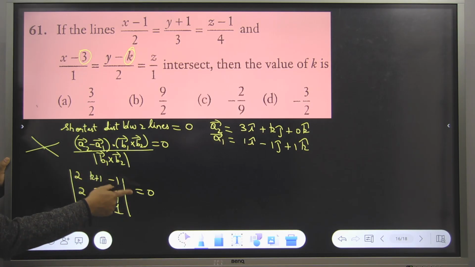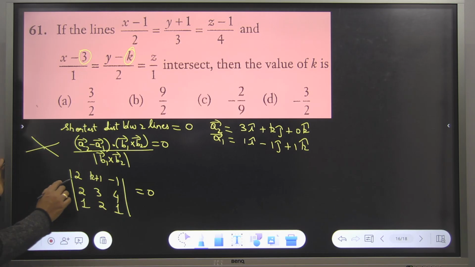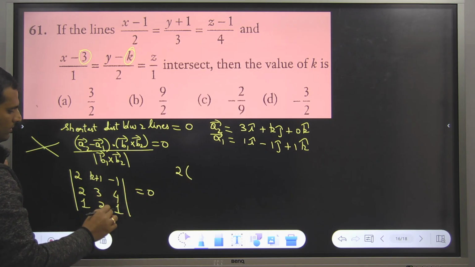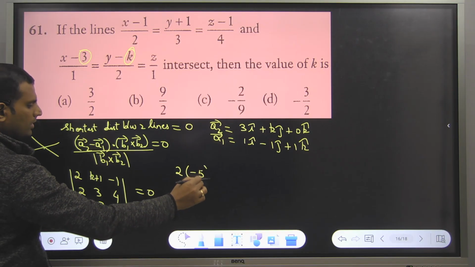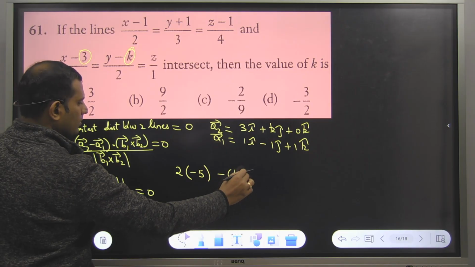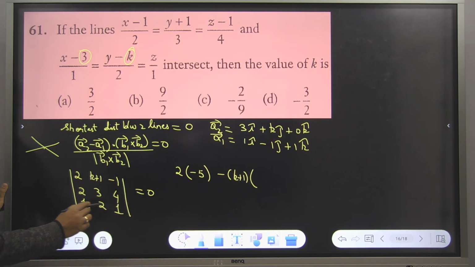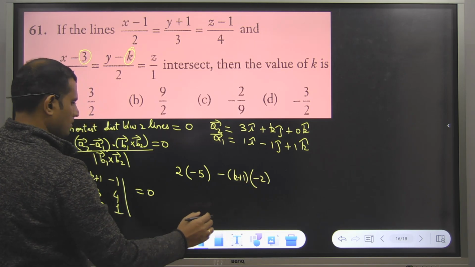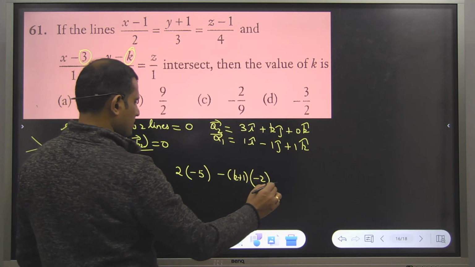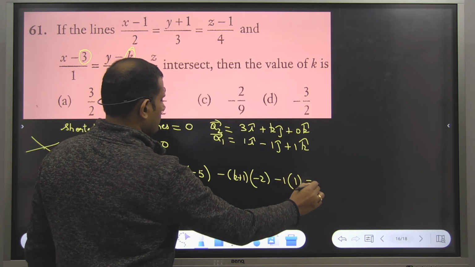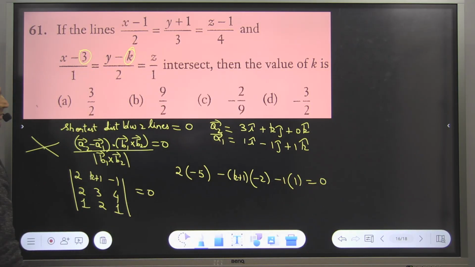Now can you expand the determinant, equate it to 0, and find the value of k? Expand it. You will get 2 into minus 5, minus k plus 1 into minus 2, then minus 1 into 1 equal to 0.